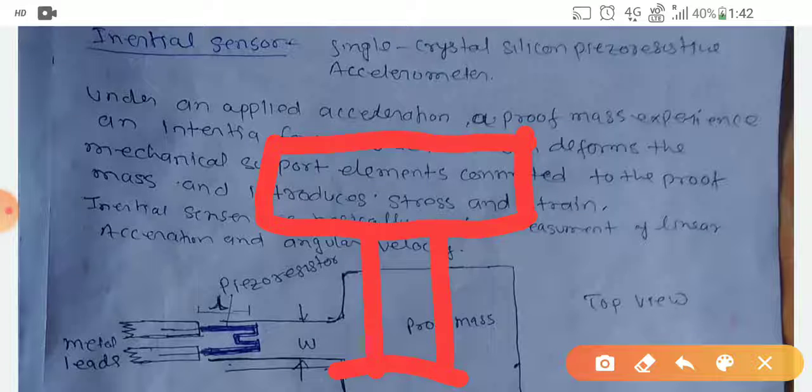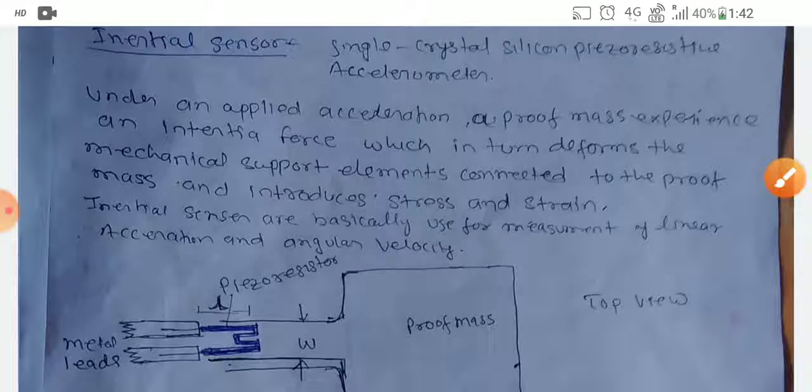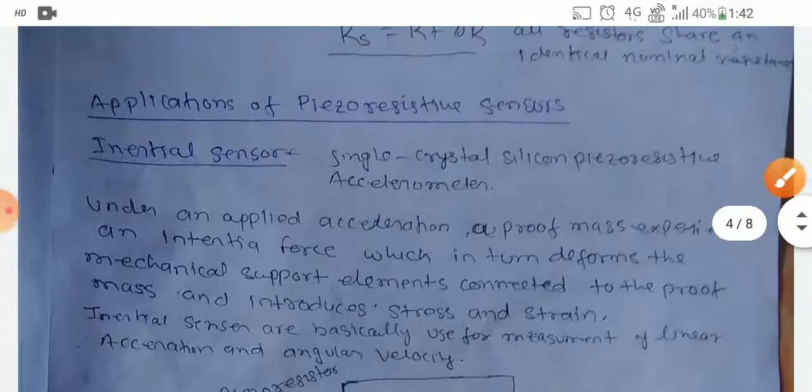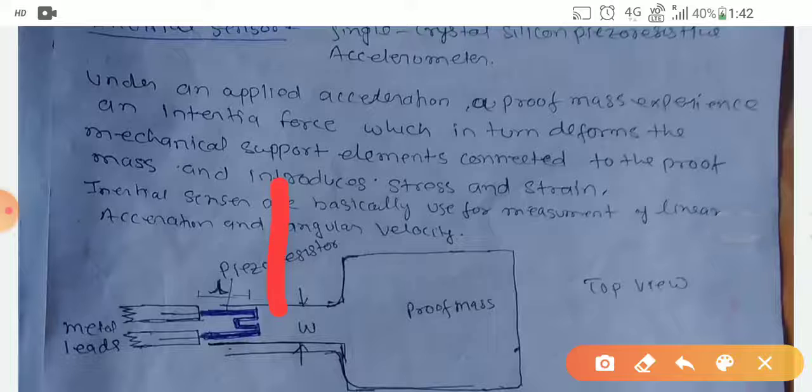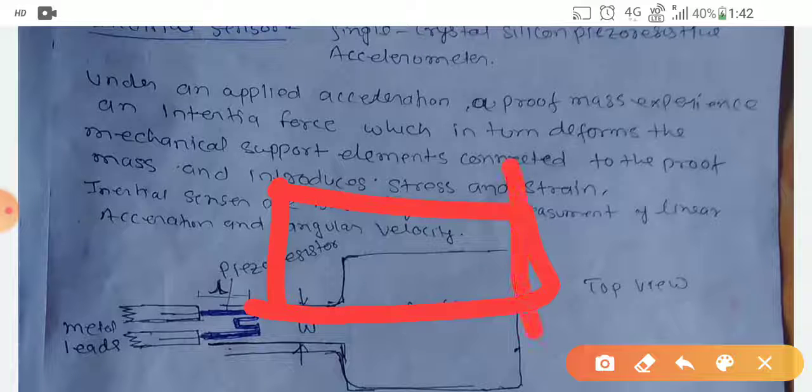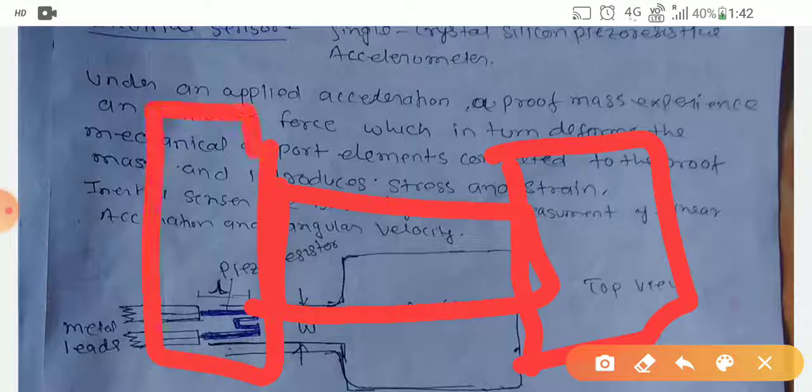Then here is a bridge. The second one is this structure, something called a flexure.